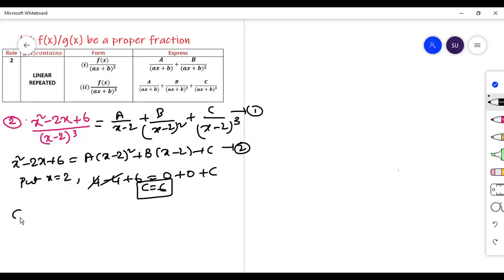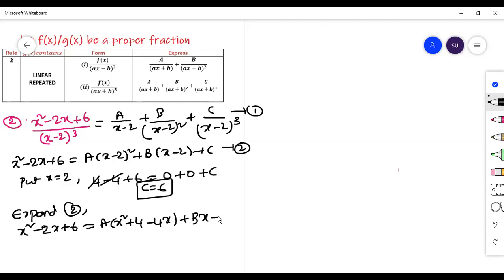Then now expand equation 2, the right-hand side. That is x square minus 2x plus 6 is equal to a into (x square minus 4x plus 4) plus bx minus 2b plus c.